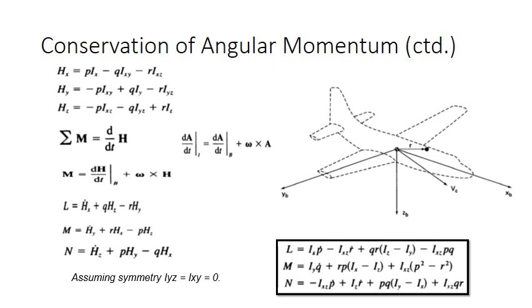The inputs to the conservation of angular momentum equations are the body axis components of the aerodynamic and thrust moments acting on the aircraft, which are L, M, and N. So giving this input to the system, L, M, and N, if you can solve these nonlinear differential equations, you can get P, Q, and R, which are the angular velocities around the body axes.